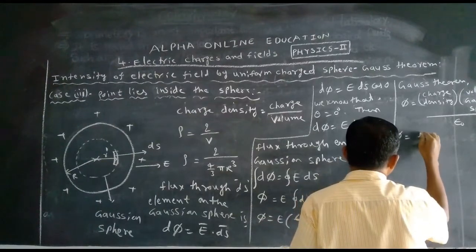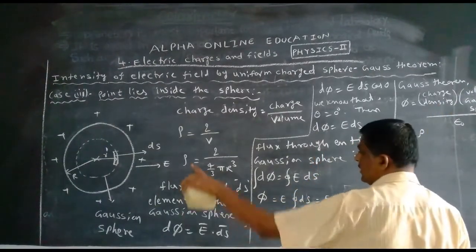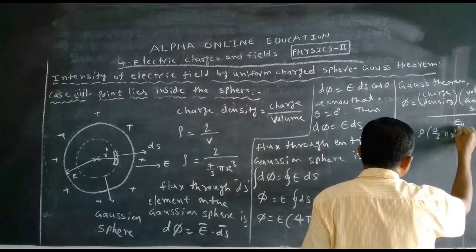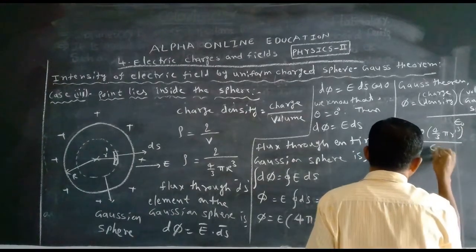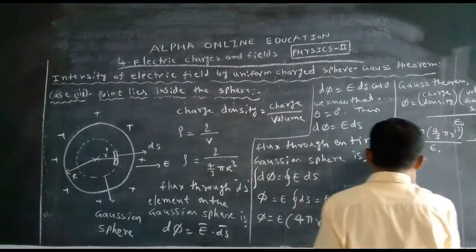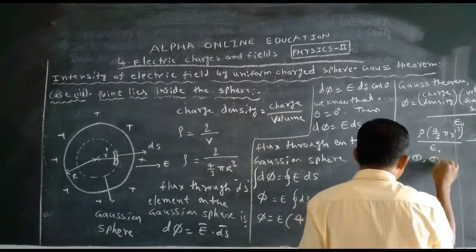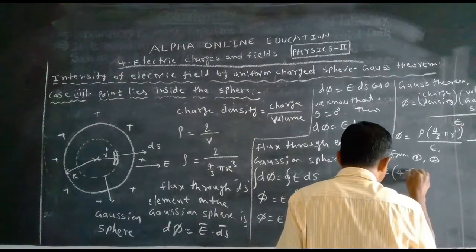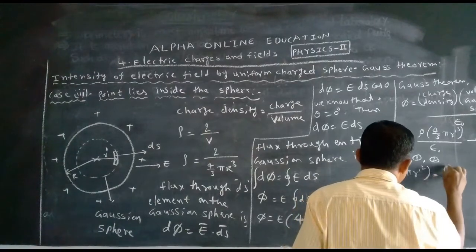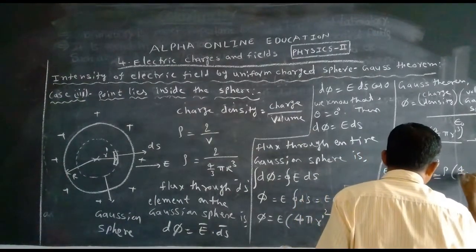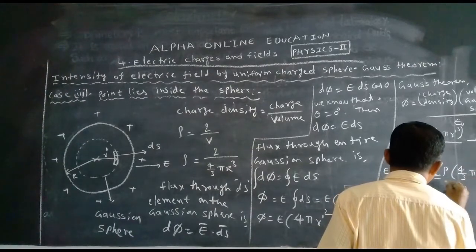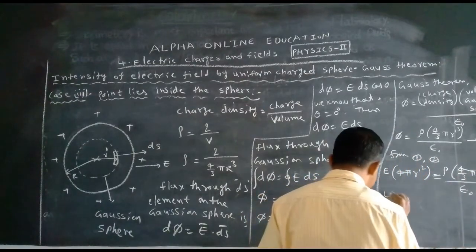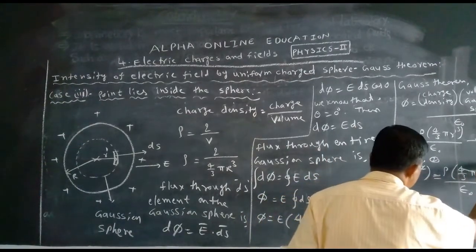Phi is equal to rho into 4 by 3 pi r dash cube by epsilon naught, equation 2. From equations 1 and 2, E into 4 pi r dash square is equal to rho into 4 by 3 pi r dash cube by epsilon naught. 4 pi cancels, and r dash square cancels with r dash cube.